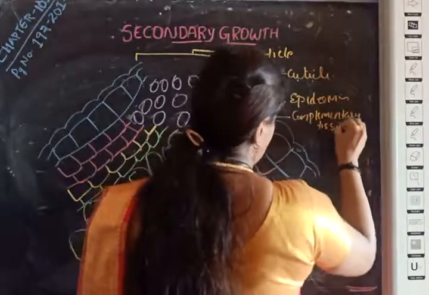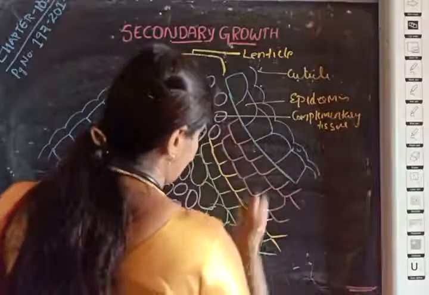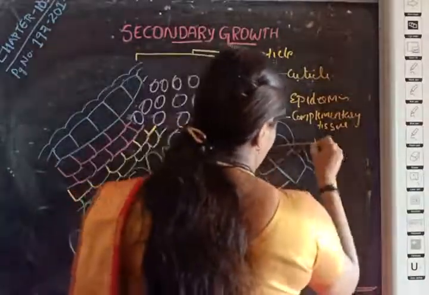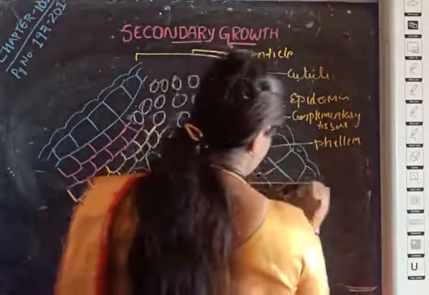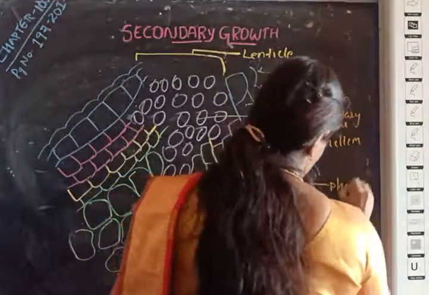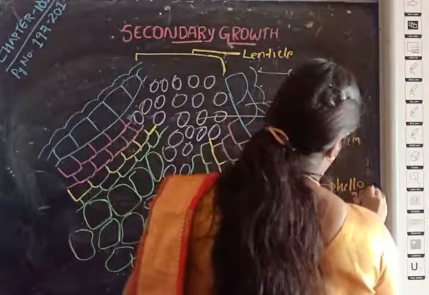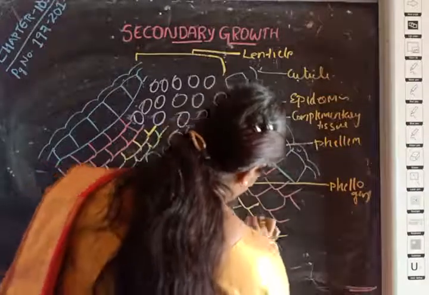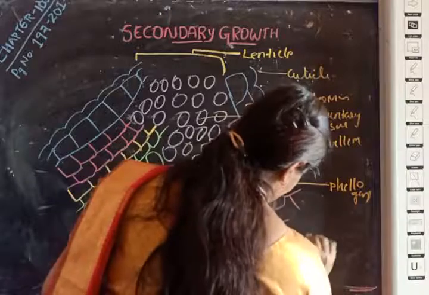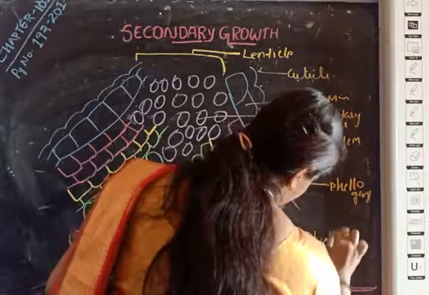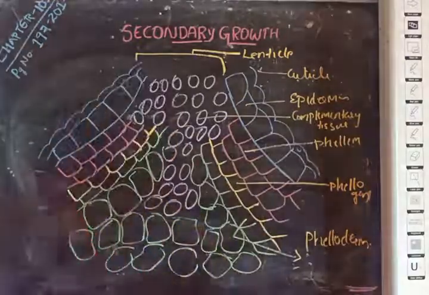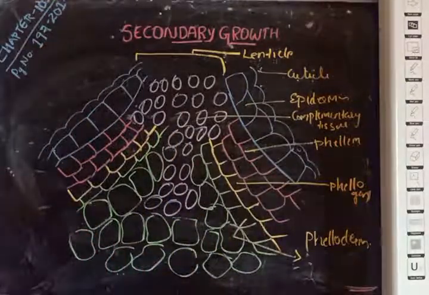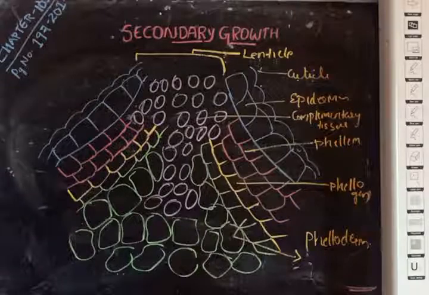These are the phellem, and this is the phellogen. These are finally the phelloderm. So this is the picture showing the structure of lenticels. Okay.